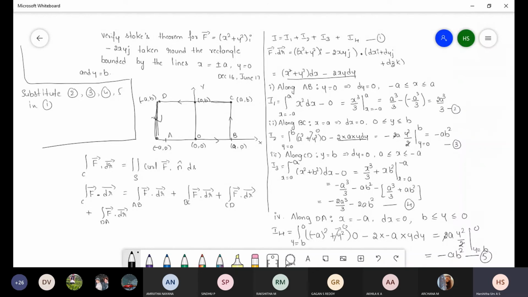When you add, I is equal to 2a cube divided by 3 minus ab square minus 2a cube divided by 3 minus 2ab square minus ab square. So 2a cube by 3 and 2a cube by 3 will get cancelled. Minus 4 times ab square. This is the answer for the LHS.